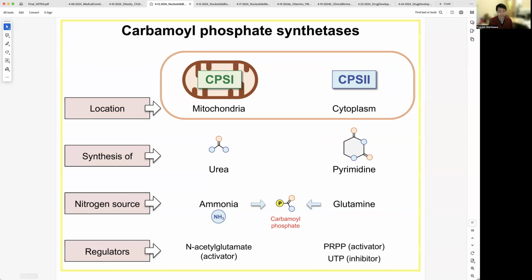This entire slide, boxed in yellow, is important. In the urea cycle, the purpose is taking care of ammonia, nitrogen waste, so the nitrogen comes from ammonia. But for pyrimidine synthesis, CPS2 works in the cytoplasm, and the nitrogen is not coming from ammonia, it's coming from glutamine. Also the regulators.